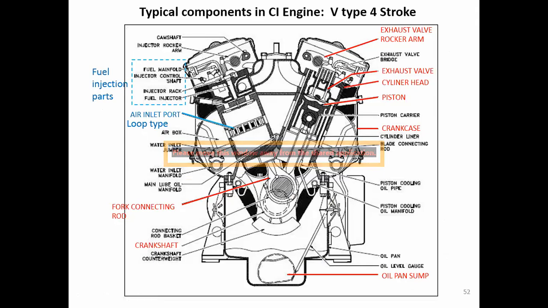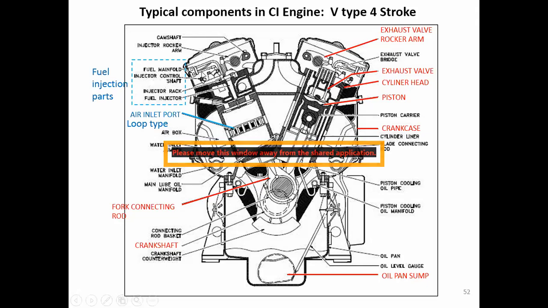Okay, so that is the typical component for the SI engine. For the CI engine, they have the same components, so I will not mention them in detail, but I just want to show you some differences from the SI engine.